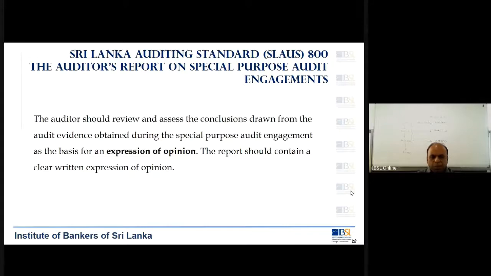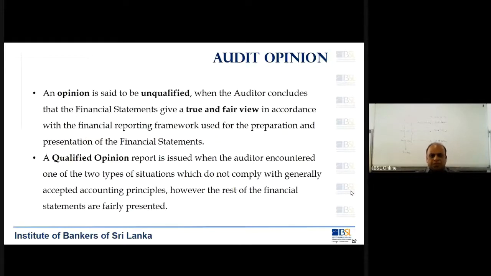In that report, there is an expression of opinion. This opinion is somewhat similar to the results that you get when you do an exam. So the auditors give an opinion about your financial statements, your internal controls, all that information. How does this work?